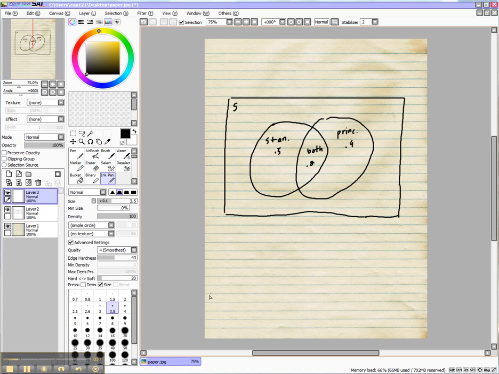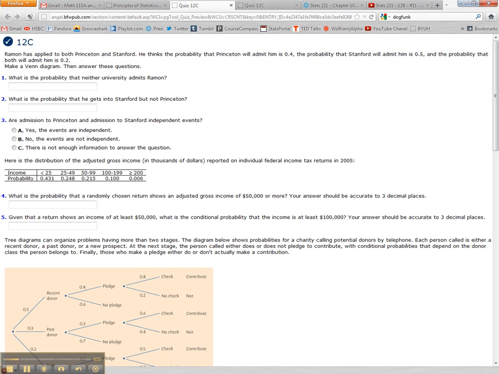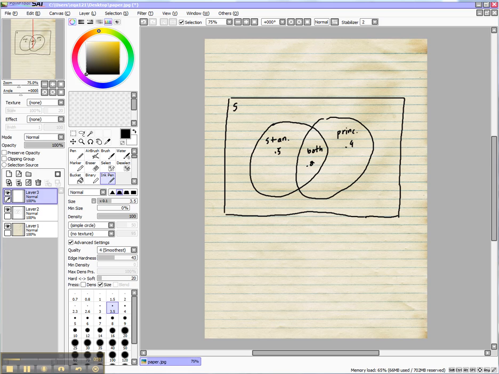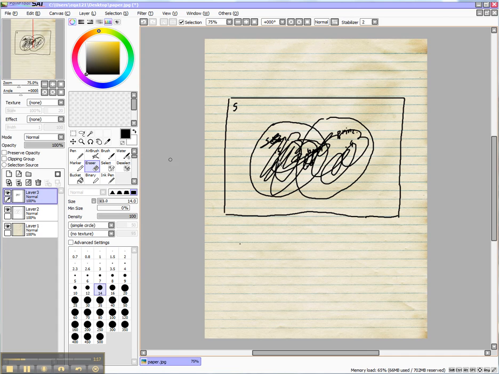So question 1 is asking what the probability is that neither university admits Ramon. To find that probability, you have to subtract this entire box right here, this whole thing, both circles, from 1, because the probability of the entire box is 1.